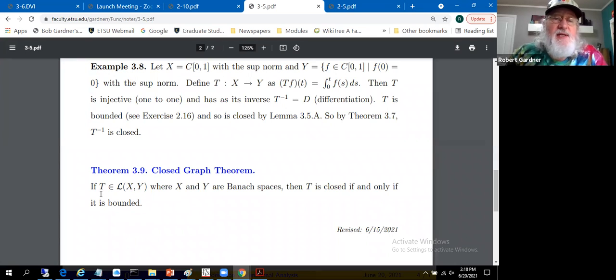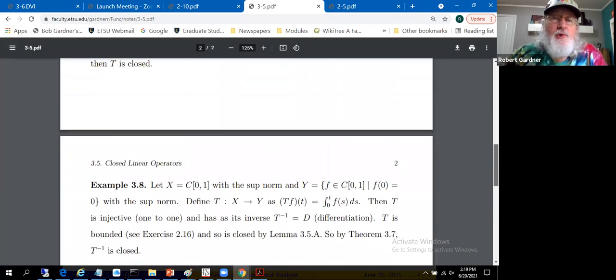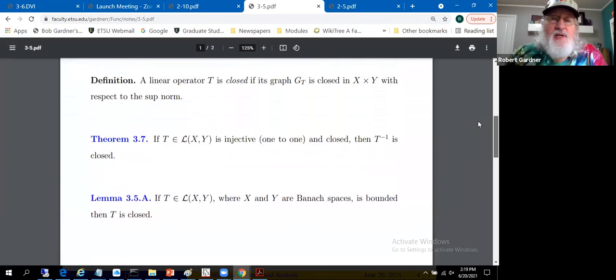It says T, a linear operator from X to Y, where X and Y are Banach spaces. We made a comment earlier that we're taking the completion of Y. That gives us the Banach space stuff. So we can legitimately apply the closed graph theorem in this setting. T is closed if and only if it is bounded. And closure of T, you will recall, means closure of the graph of T.